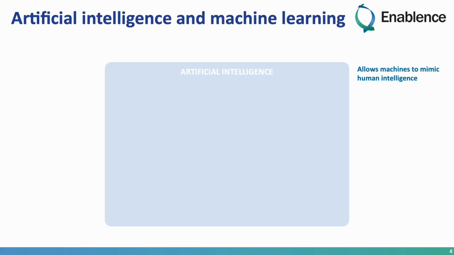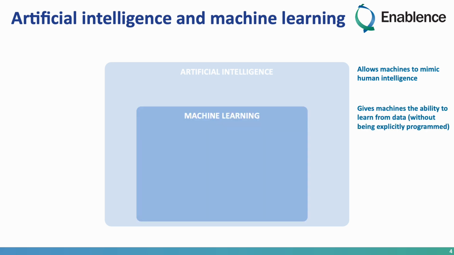Artificial intelligence refers to the broader concept of creating machines that can mimic human behavior and perform tasks that typically require human intelligence. It encompasses various techniques to enable machines to exhibit intelligence by simulating human cognitive processes such as reasoning, problem solving, perception, and learning.